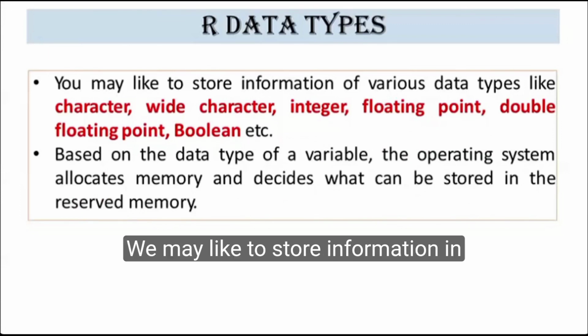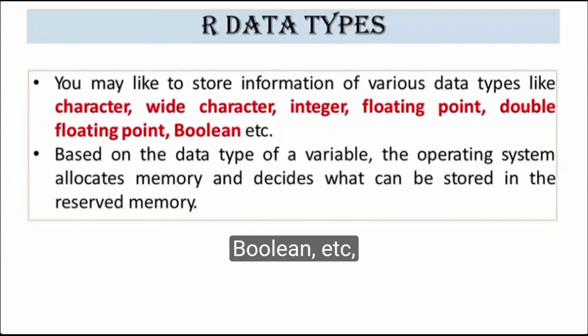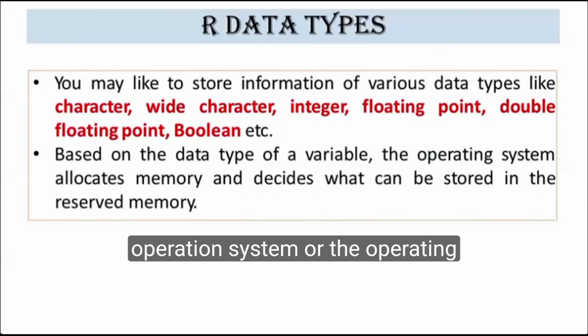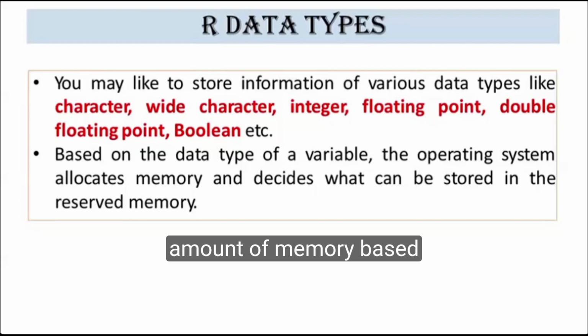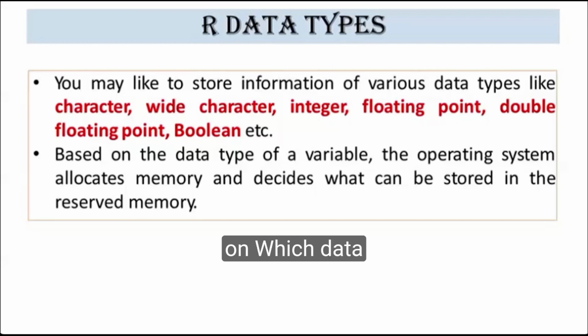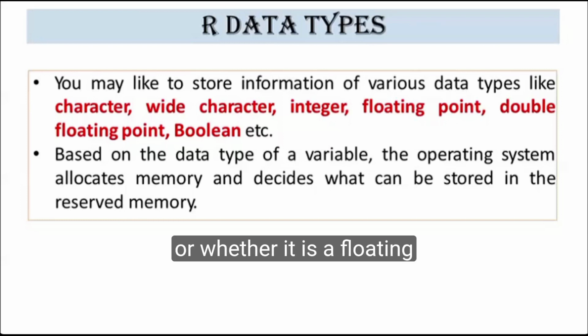We may like to store information in various data types while creating those variables, in the form of character, wide character, integer, floating point, double floating point, boolean, etc. So based on the data type of the variable, the operating system allocates the amount of memory based on which data type you have selected, whether it is an integer, a character, or a floating type.